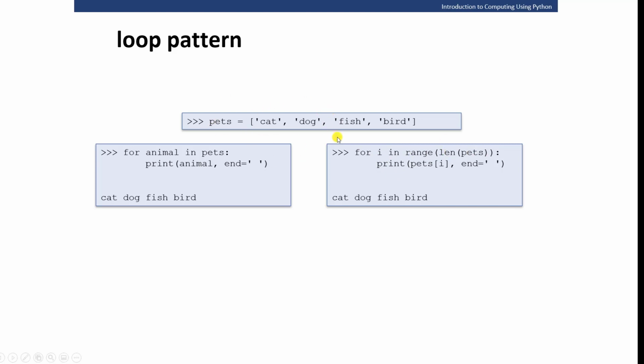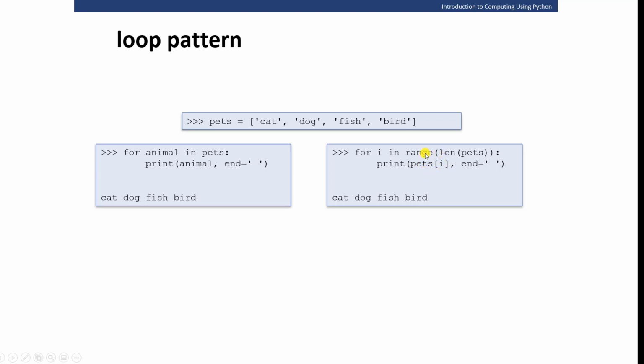So what does that mean? For each variable called i in range length of bits, what is the length of that? We have 1, 2, 3, 4. So the length of that list is 4. So for each item starting from 0 up to 4, we're going to print the item by using what, guys?